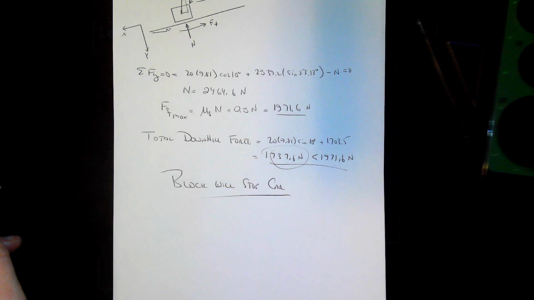We know what the car's force going down the hill is, so that allows us to figure out what this is. So F_C cos 53.13 is 1,703.5. Solving, what do we get for the force of the car on the block along that line?